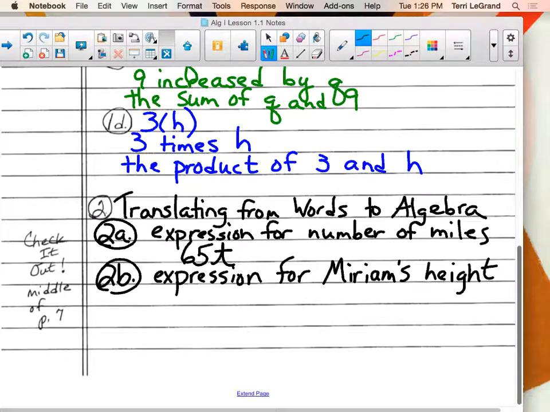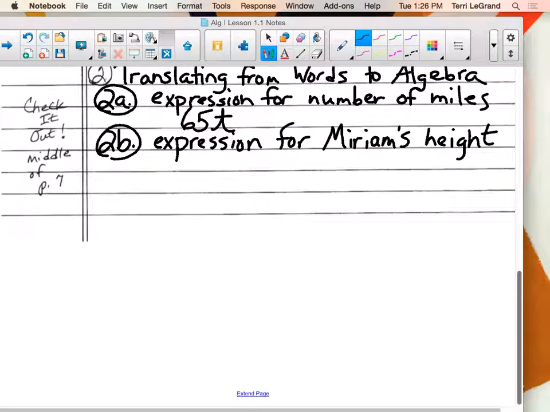Write an expression for Miriam's height. How tall is Miriam? Everybody? Let's try. Say it louder.